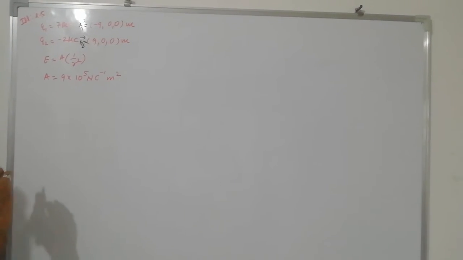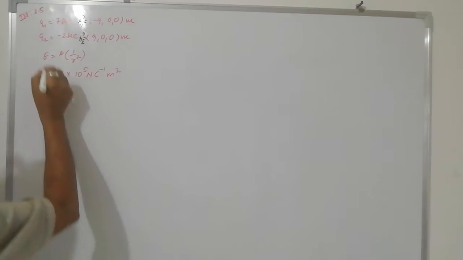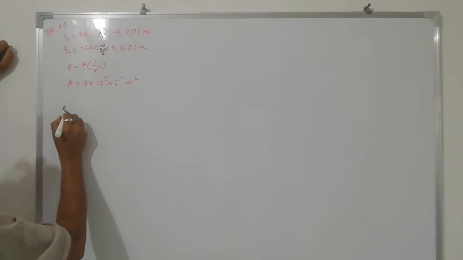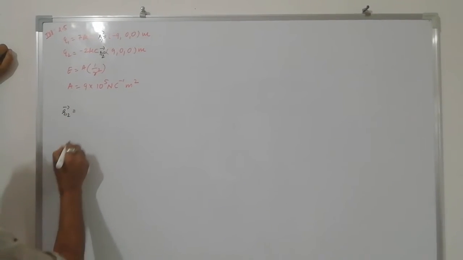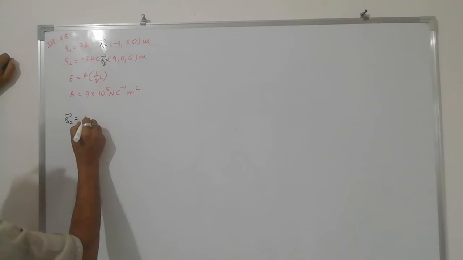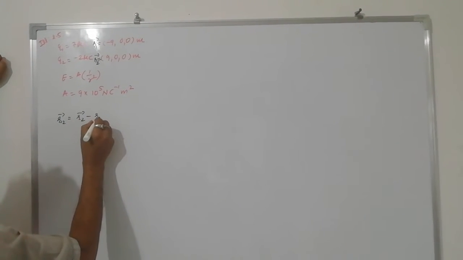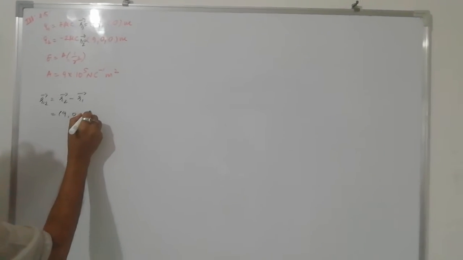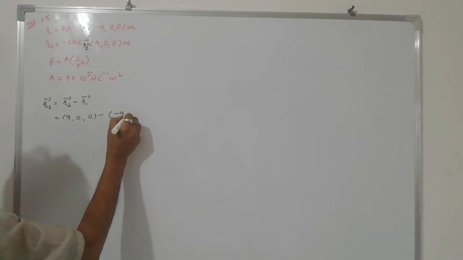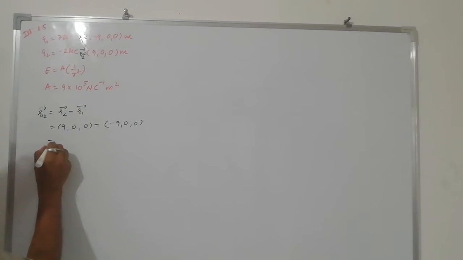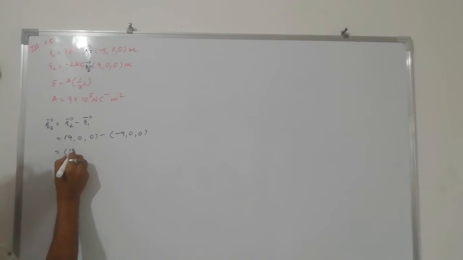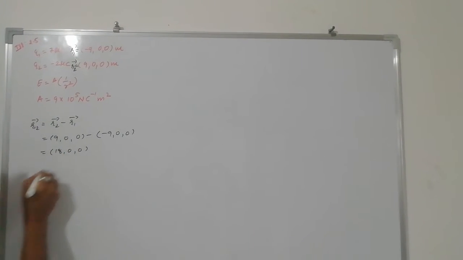So first of all, you have to find out the distance between Q1 and Q2, that is R12. You can see it is R2 minus R1. So (9, 0, 0) minus (minus 9, 0, 0), so minus minus becomes plus, so (18, 0, 0).